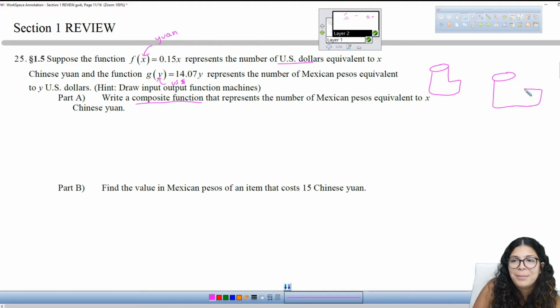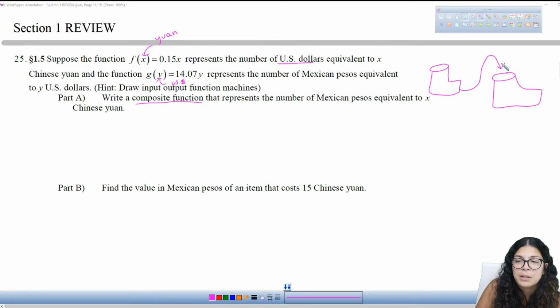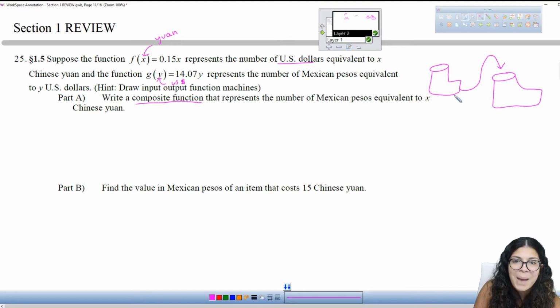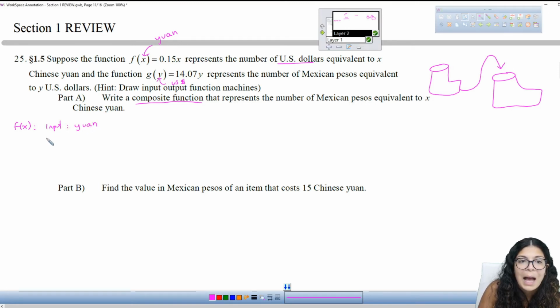You know, I'm not the best drawer in the world, so you'll have to excuse me. But remember, the output of this one has to be the input for this one. So they kind of have to match, right? So if you notice the output here, here's f of x. F of x input is the Chinese yuan.